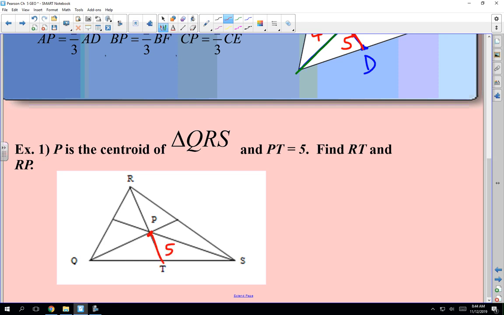Find RT and RP. Well, why not find RP first? That's pretty easy. RP would have to be 10, because it's double the small one. That's right. And then to find RT, you're just adding the two together. Right? Yes. So RT is equal to.